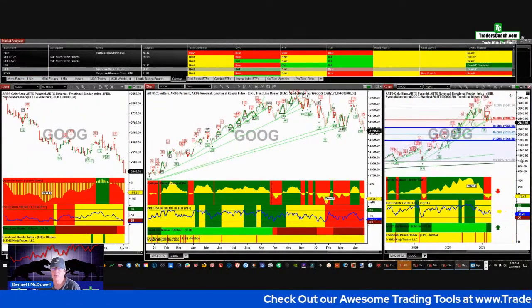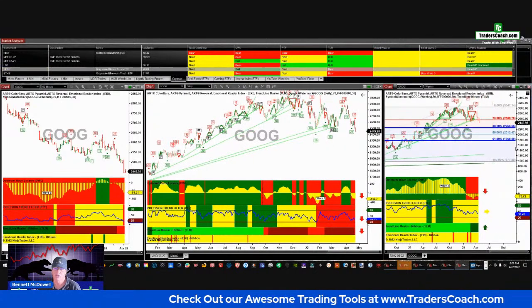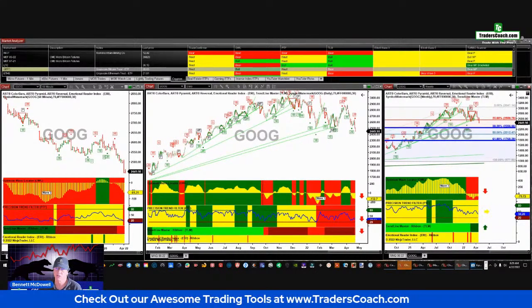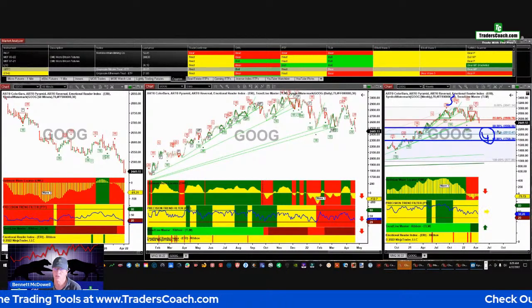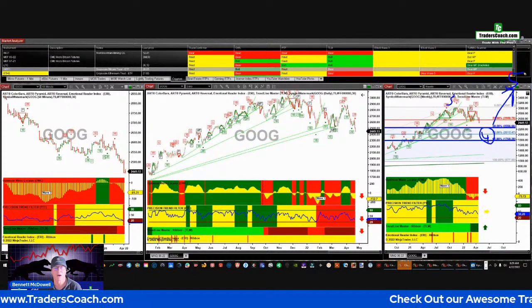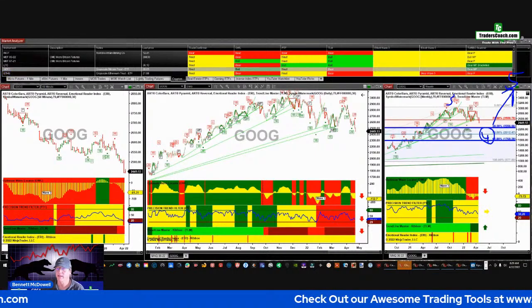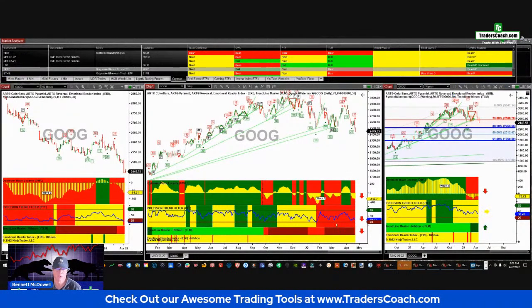All right, so we looked at Google last week, and it looked like a short position because here's our target zone for wave 4. Here's 3, 4. So after 4, you get 5 because there's 5 waves in a trend, but it's still heading down. Here's the problem with going short now.